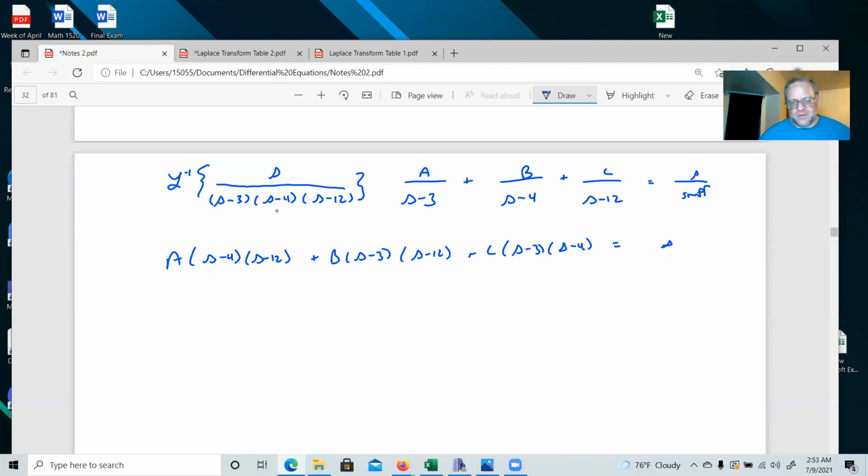And again, I know there's an easier way. If you set S equal to 3, you would solve for A. If you set S equal to 12, you would solve for C. Set S equal to 4, solve for B. It's actually going to be a little bit faster.